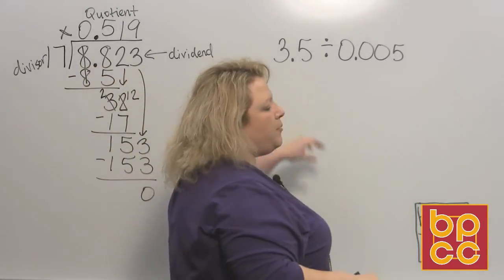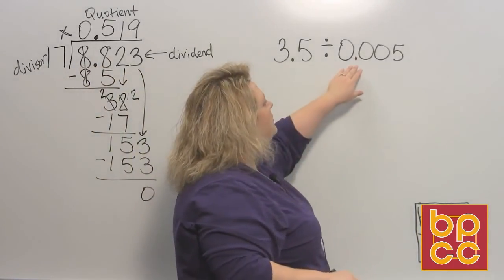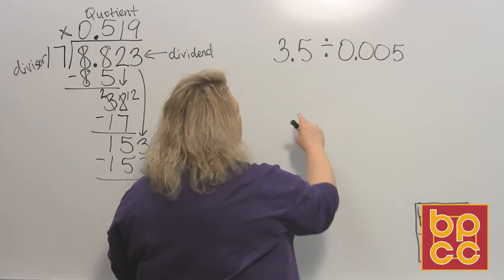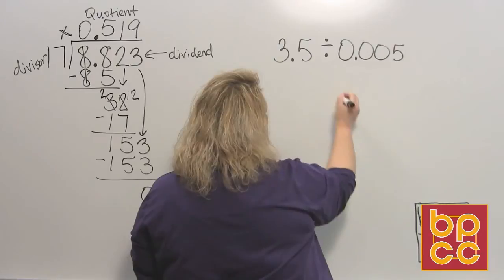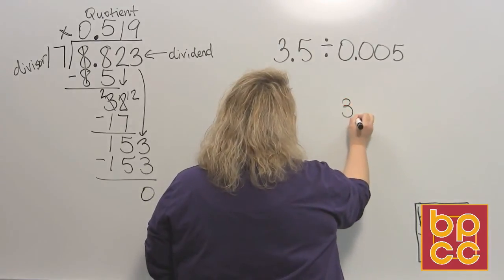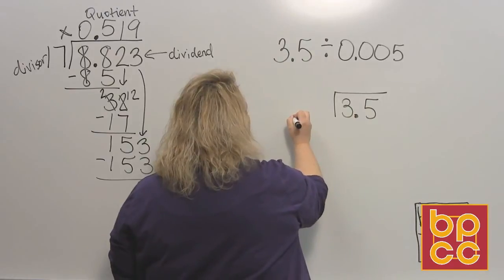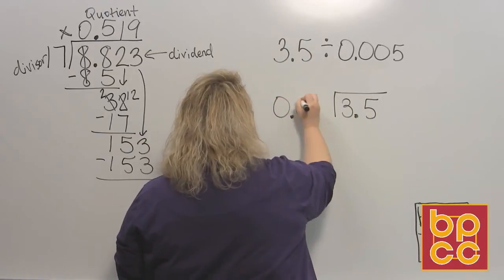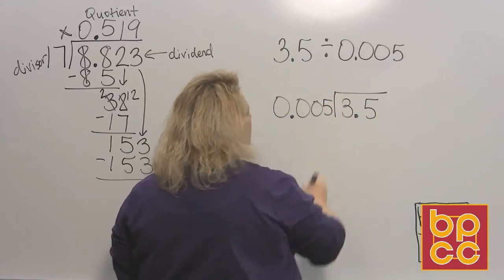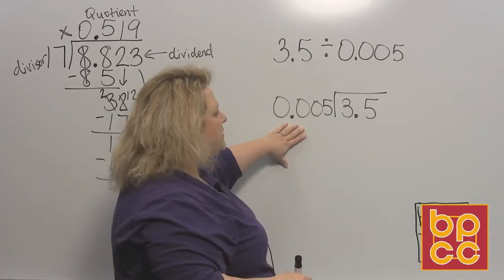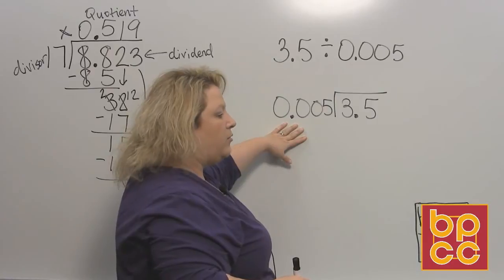Now the second type of problem we're going to do involves dividing with a decimal on the outside. So let's rewrite this problem. We have 3 and 5/10 divided by 5 thousandths. Okay, well, I just got through telling you on the previous problem that this number, the divisor, has to be a whole number.